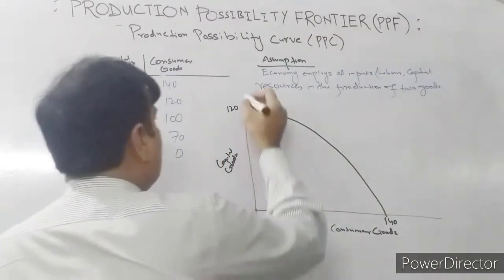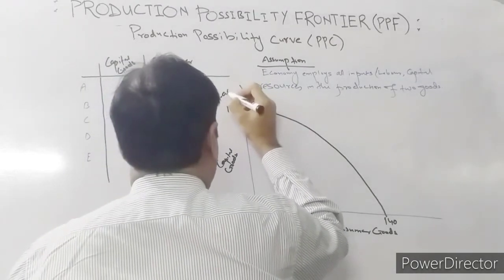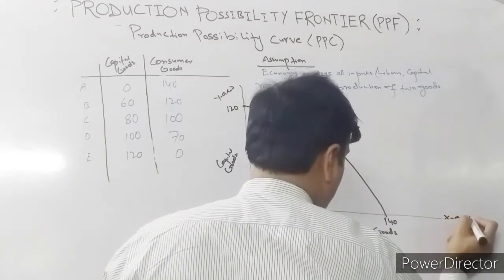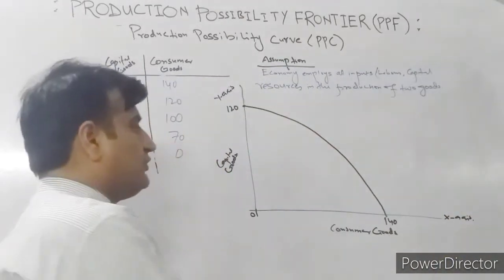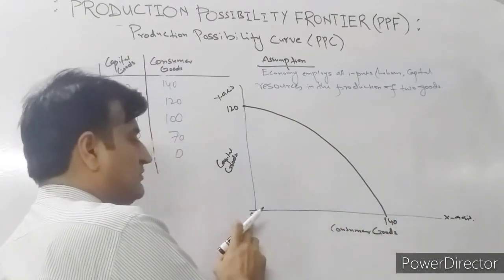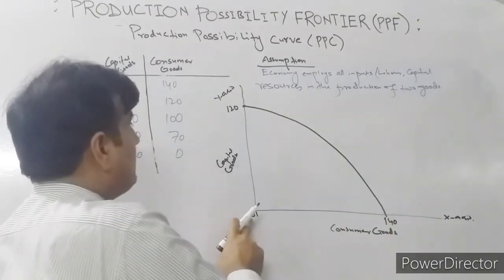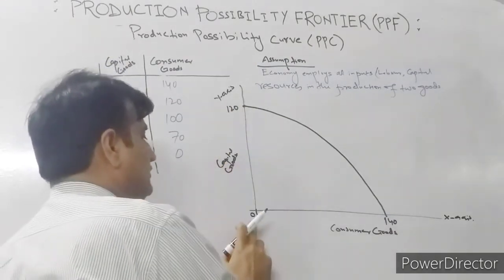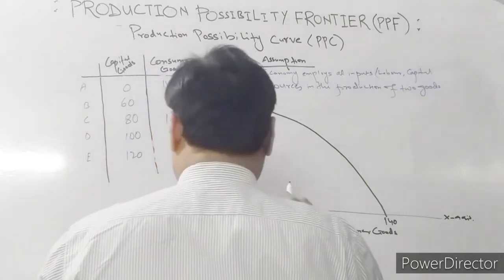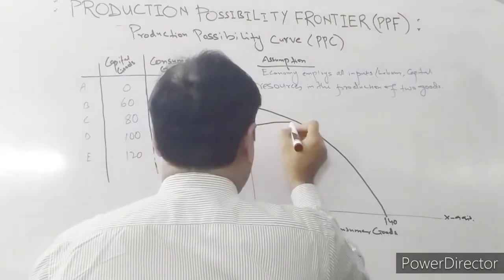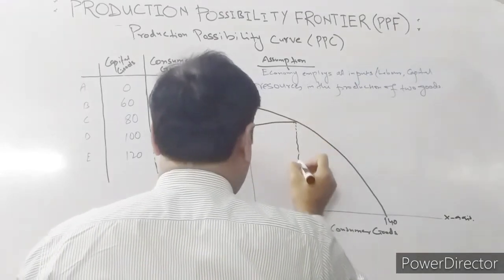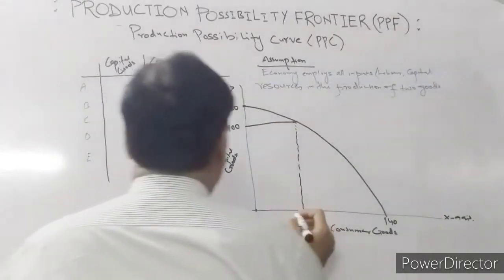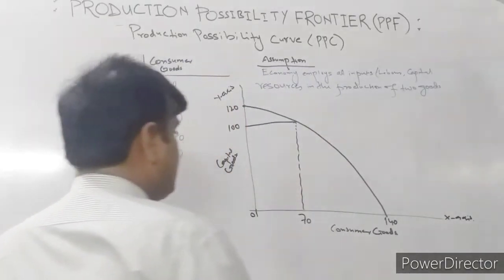Capital goods are shown on the y-axis, whereas consumer goods are shown on the x-axis. The economy has an option to produce 140 units of consumer goods and 0 units of capital goods, or another option to produce 120 units of capital goods and 0 units of consumer goods, or to produce 100 units of capital goods and 70 units of consumer goods.